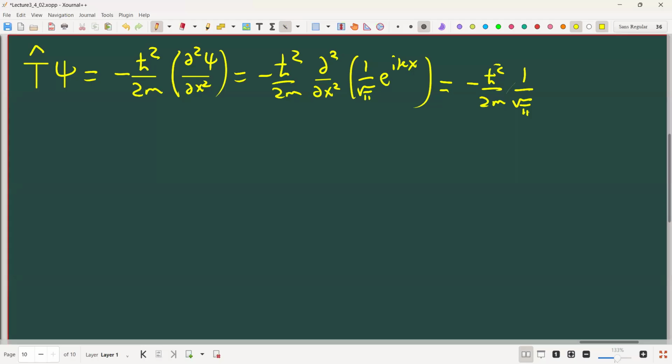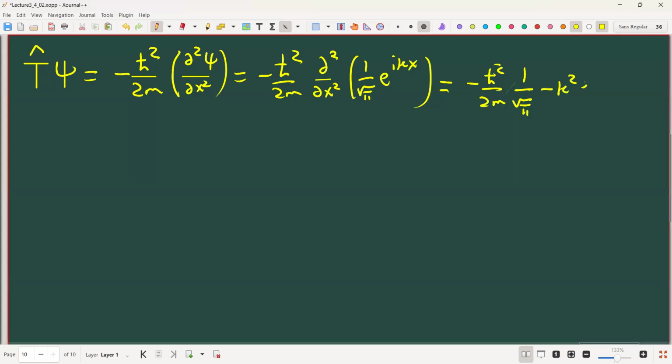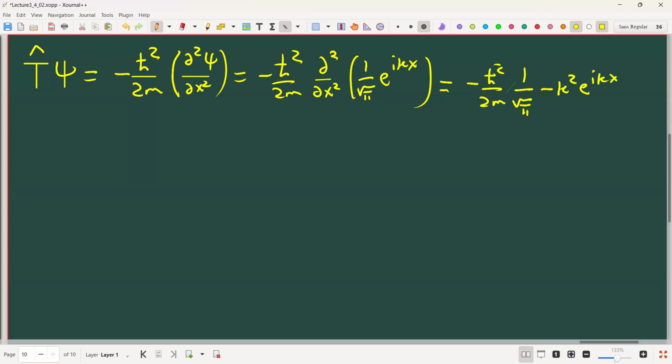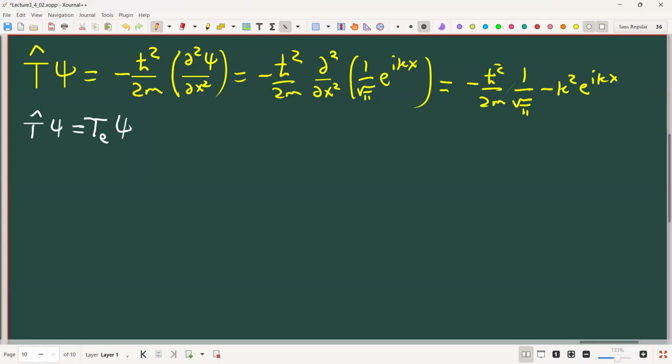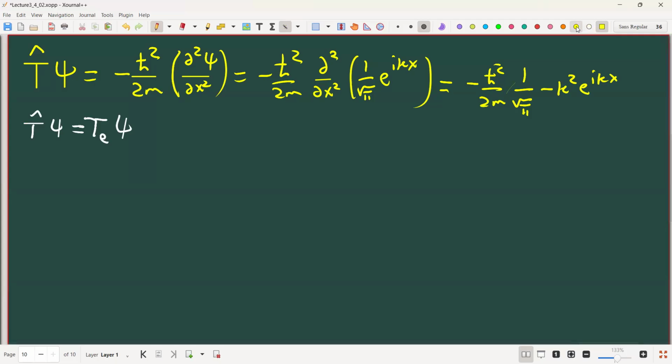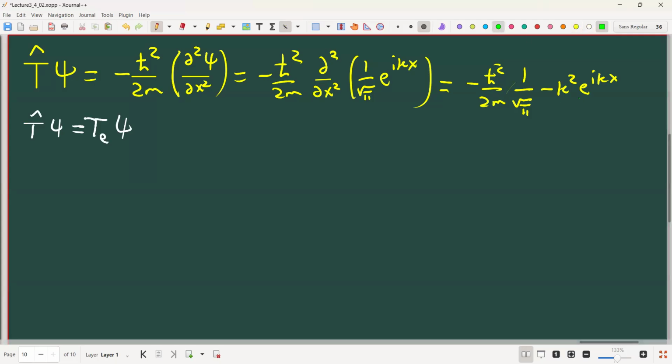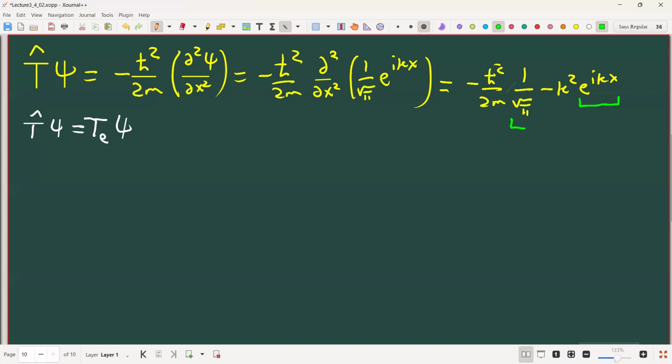So minus k squared e to the ikx. Remember the rule that we want is that the operator returns the original wave function times the energy. The original wave function, I'll underline, is this e to the ikx and this 1 over the square root of pi.